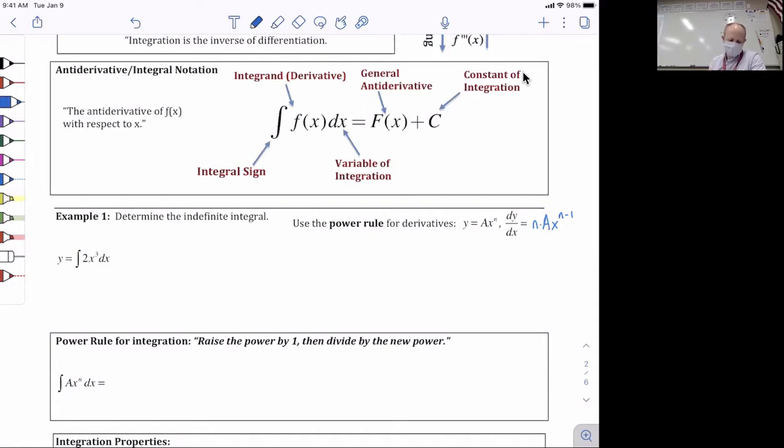So let's look at 2x to the third. Okay, that 2x to the third right there, remember, is the derivative. And we're trying to find which function gives us that derivative. So 2x cubed is the derivative of what function? And so when I look at this, this is my dy over dx.